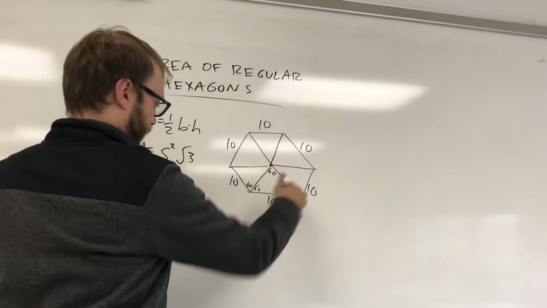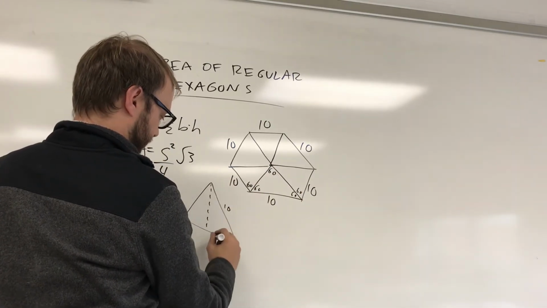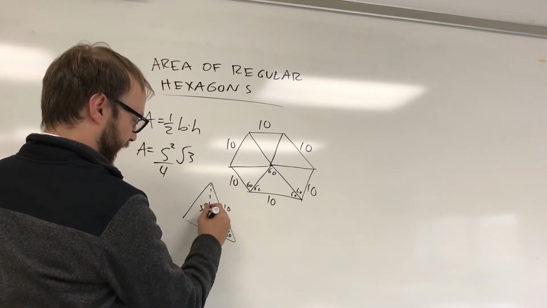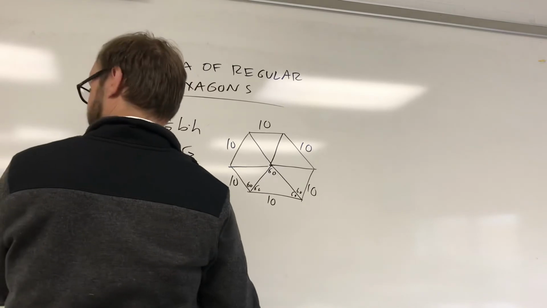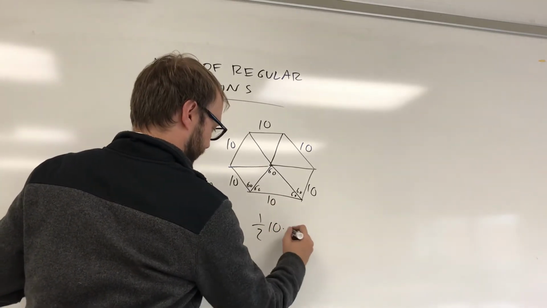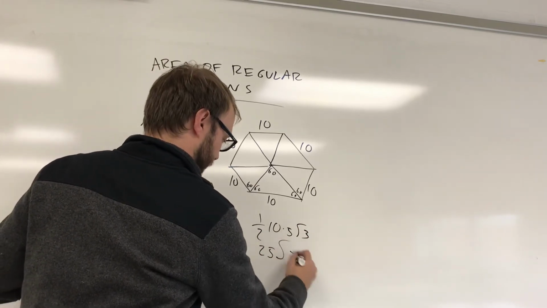So the area of one of those triangles, you'd have a side length of 10. This side would be 5. It's a little 30, 60, 90 triangle. Height is going to be 5 radical 3. So the area of one triangle can be half the base of 10 times the height of 5 radical 3. Half of 50 radical 3 is going to be 25 radical 3.